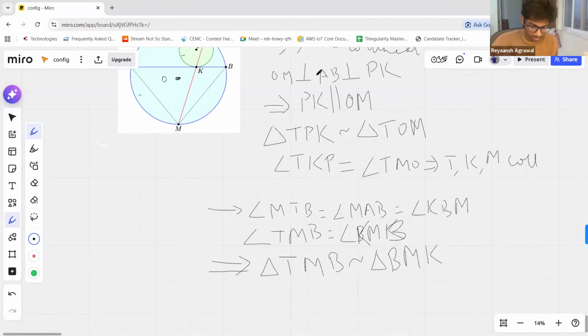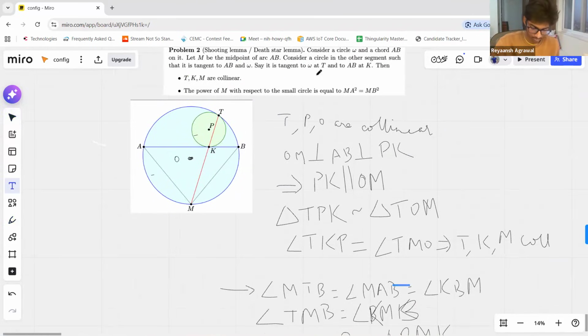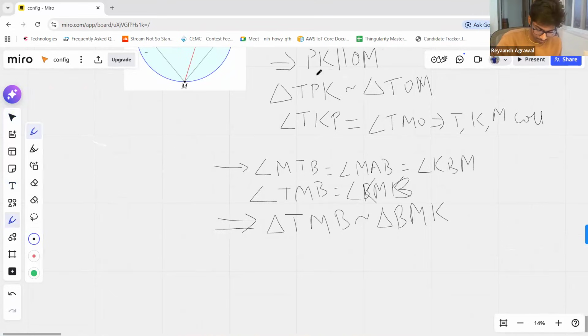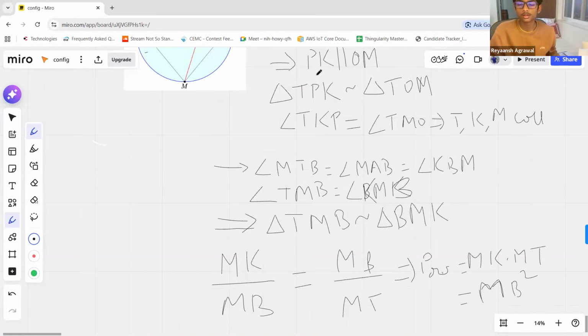Now, the power of M with respect to the circle is MK into MT. By the similarity we get MK by MB is equal to MB by MT, and therefore the power is equal to MK into MT, and this is equal to MB square. Did everyone get that?